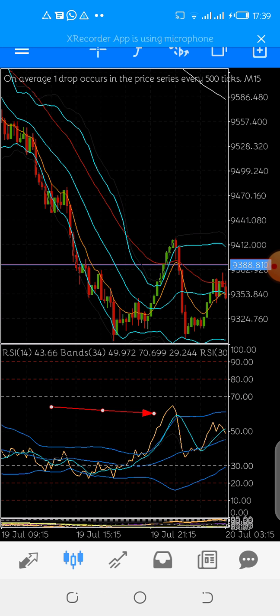But coming down, we would not have placed it so much. Why? We could have placed a trade, yes, but not for long. Why? It came down all the way, but look here, look on the main chart. This peak here had not reached level 70, or it was not near level 70.